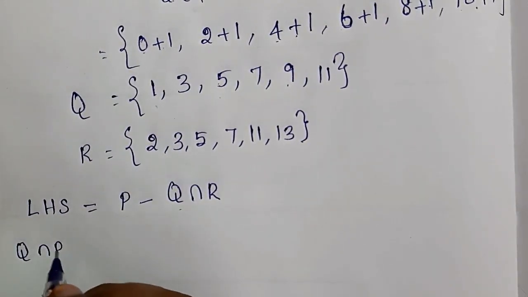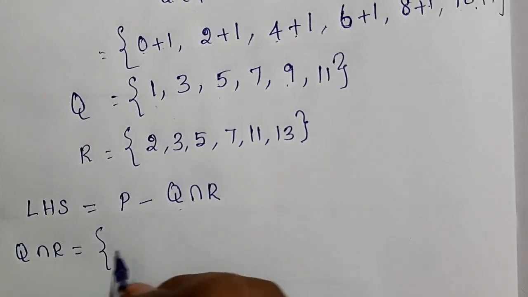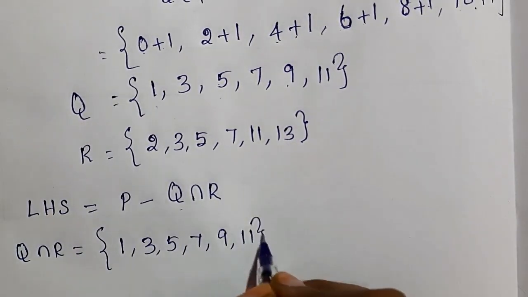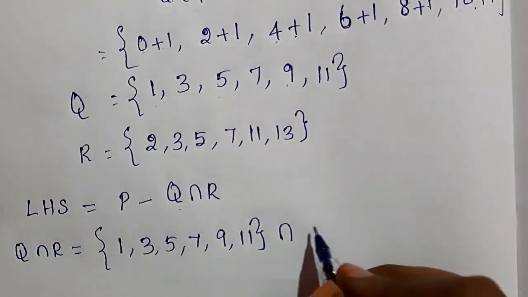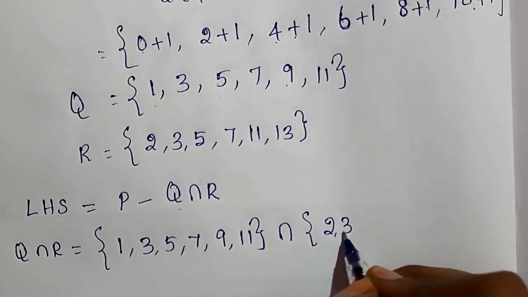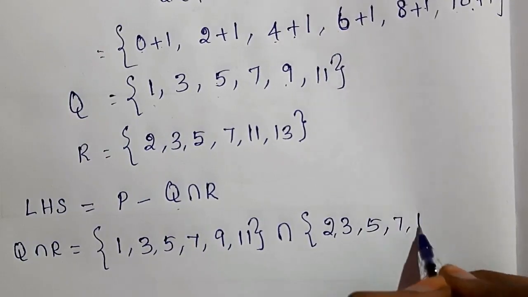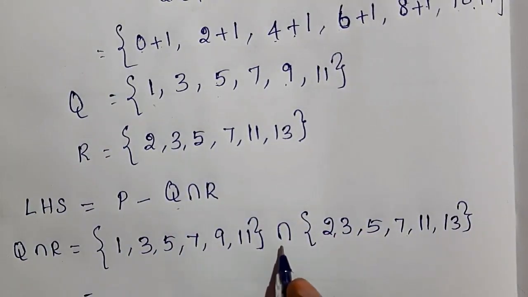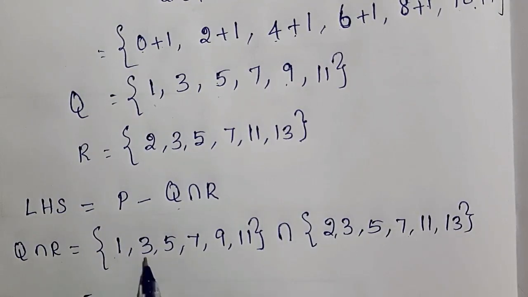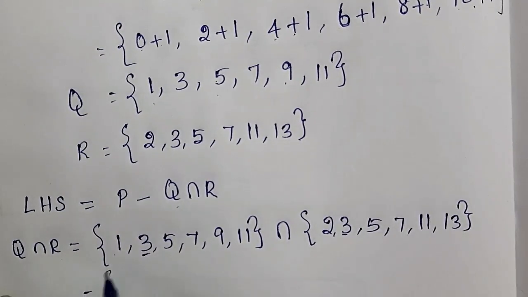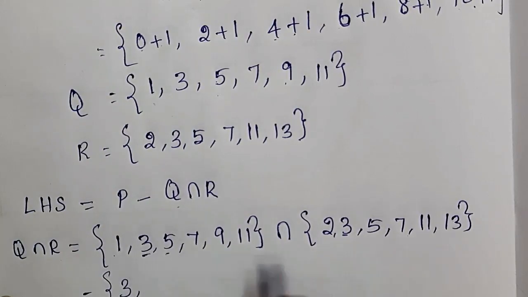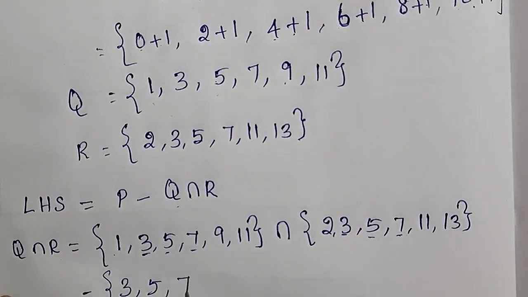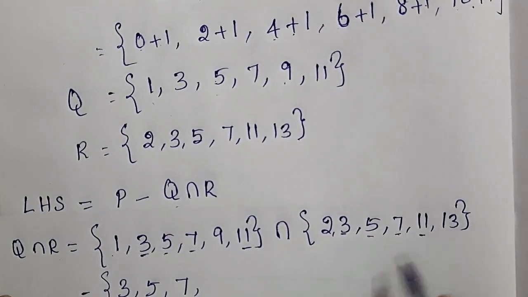Q intersection R is equal to Q set, 1, 3, 5, 7, 9, 11, intersection R set, 2, 3, 5, 7, 11, 13. You know intersection means we collect only the common elements. 3 is common. 5 is common. 7 is common. 11 is common.